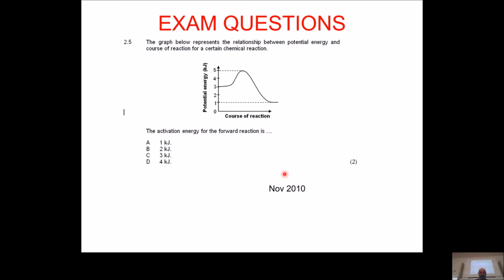Right, here's a slightly easier exam question. This came from November 2010. Relation between potential energy and the course of reaction. It's one of those curves that you use to find the activation energy for the forward reaction. Go for it. Activation energy for the forward reaction.